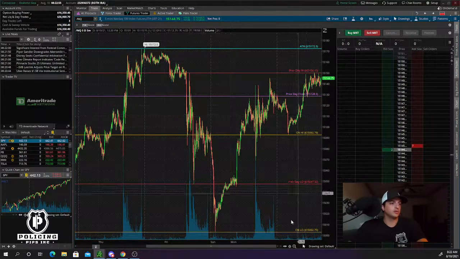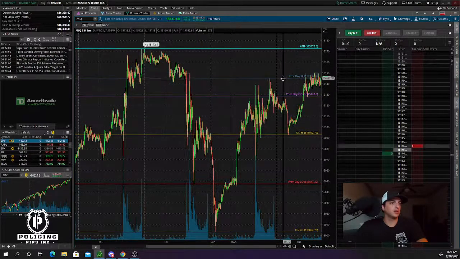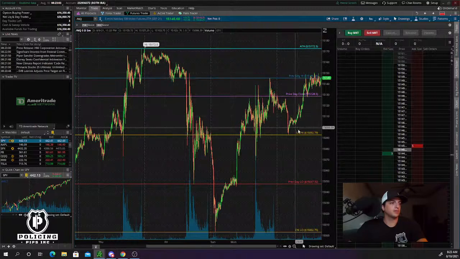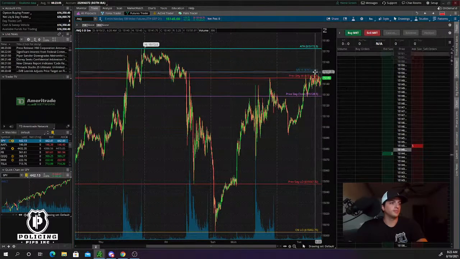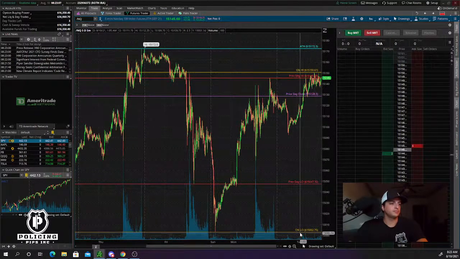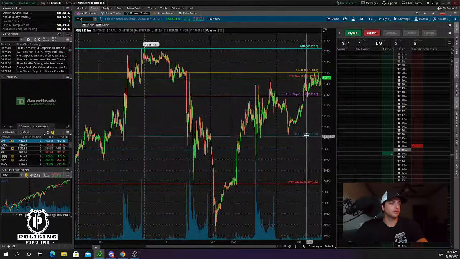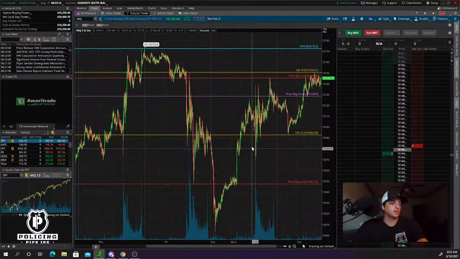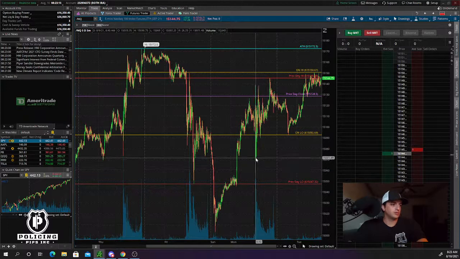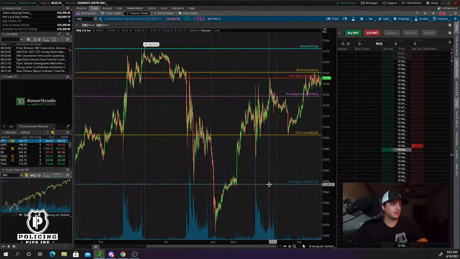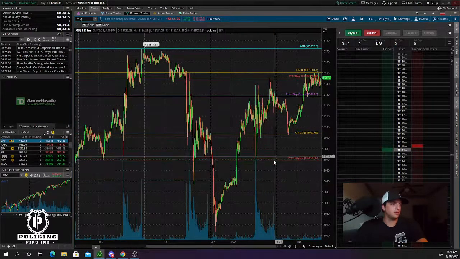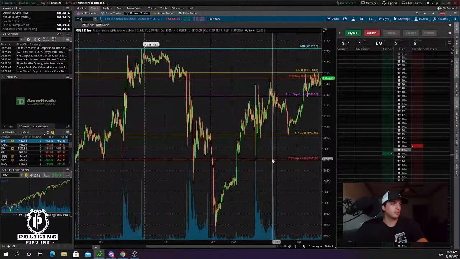Overnight low was there. Previous day high. Overnight high. Overnight low. Previous day low was around 840. I'm gonna put an exact dollar on that.